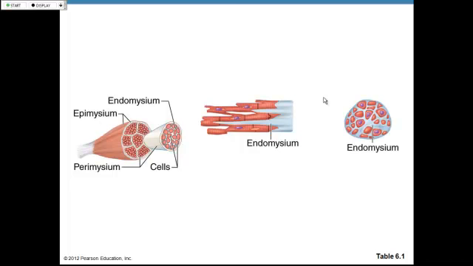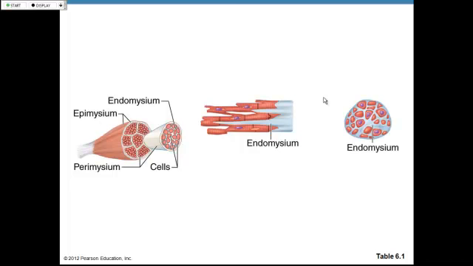So the endomysium covers individual muscle cells. And then peri kind of means in the middle. So in the middle of the epimysium and endomysium, you have a perimysium that covers the groups of muscle fibers into fascicles. And you're going to see the word fascicle as we go forward.